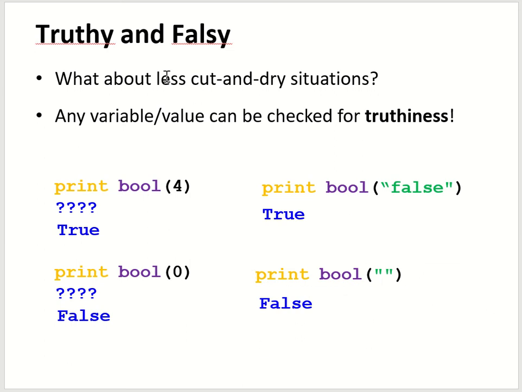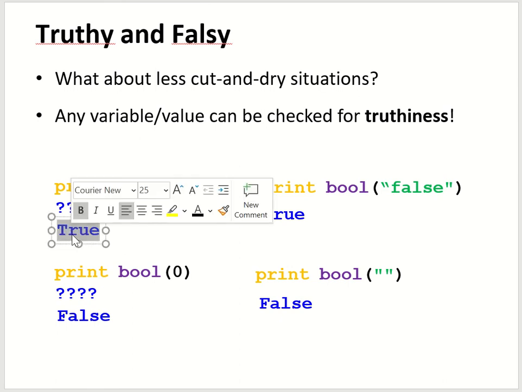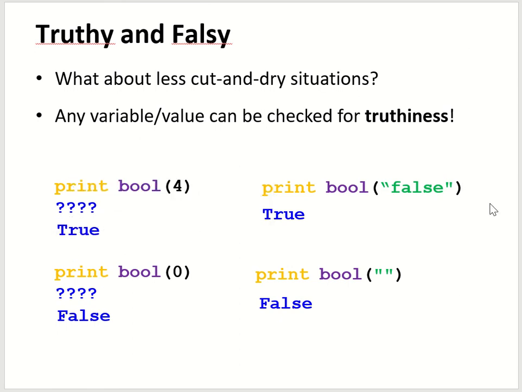So in this sense, something that's called truthy or falsy, and those aren't things that you'll see pop up in the Python shell. They're terms that we use to talk about the Boolean value of a value.